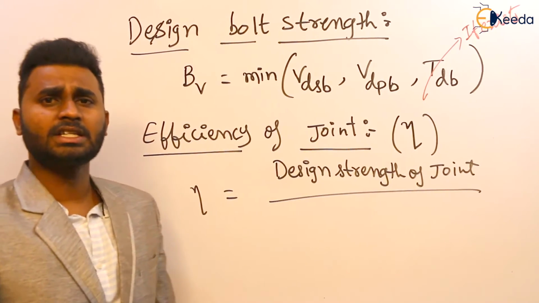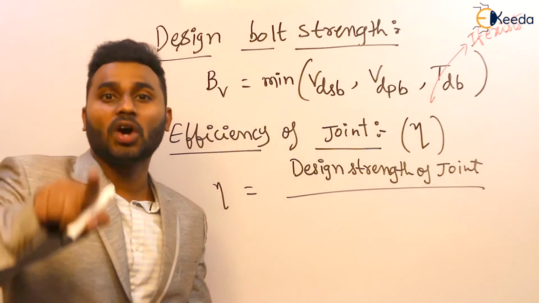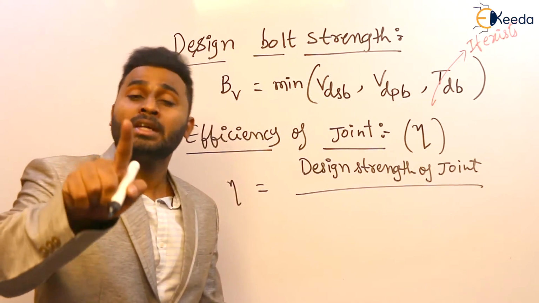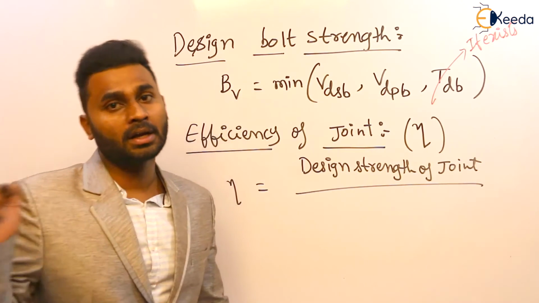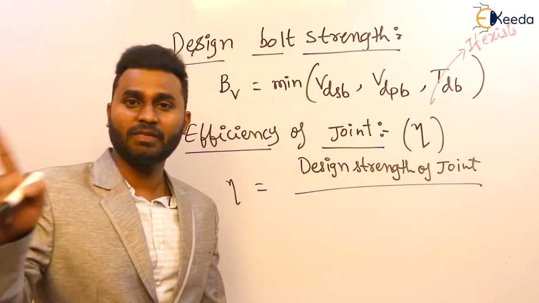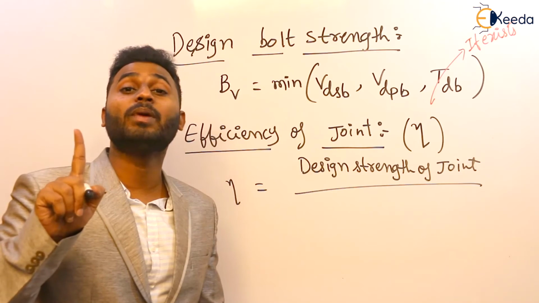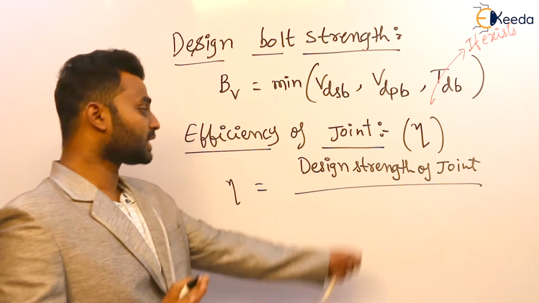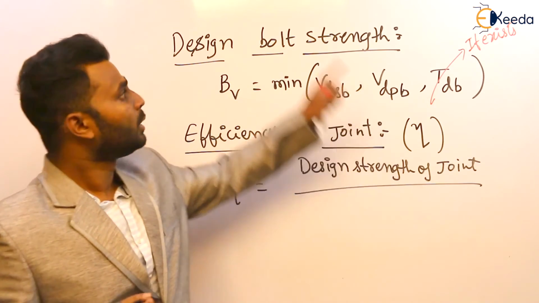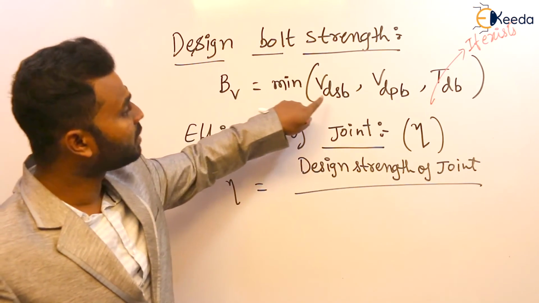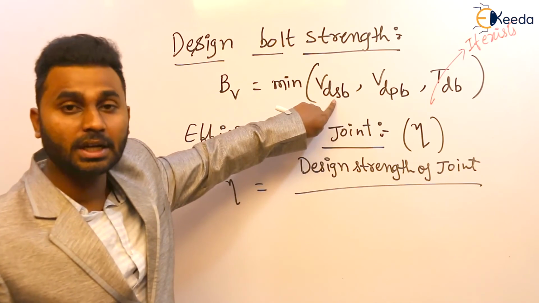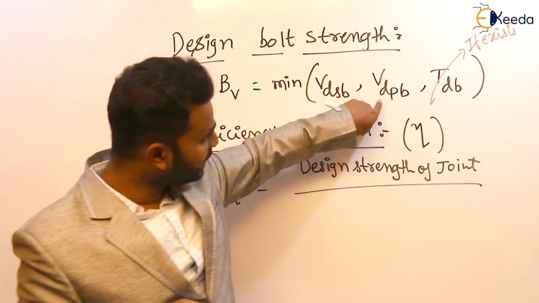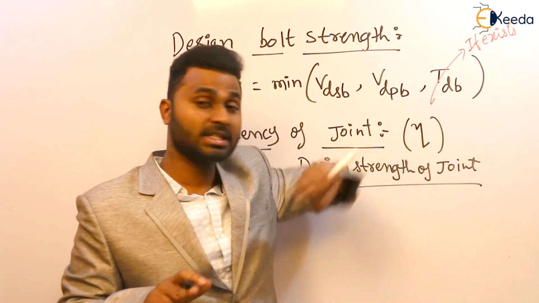Tell me, what is the design strength of joint? It is the minimum of the design strength of bolt in shear, bearing and tension if it exists, and the design strength of plate in bearing and tension. Whichever is minimum is the design strength of joint. But the design bolt strength is the minimum of the design shear strength, design bearing strength and design tensile strength of bolt.